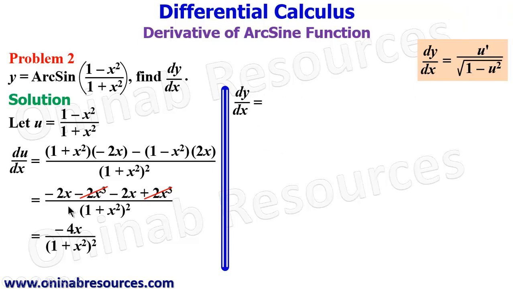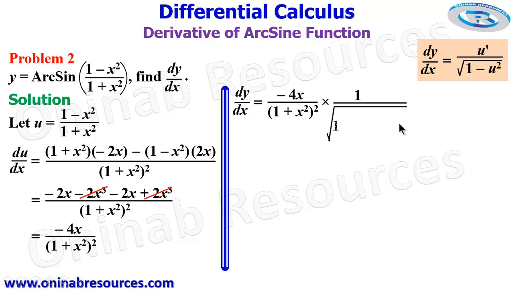Our u prime is negative 4x over 1 plus x squared all squared. If I separate this now, I can say u prime times 1 over the square root of 1 minus u squared. That's what I'm going to use for easier manipulation. So I will say times 1 over the square root of 1 minus, what is our u? Our u is 1 minus x squared over 1 plus x squared.